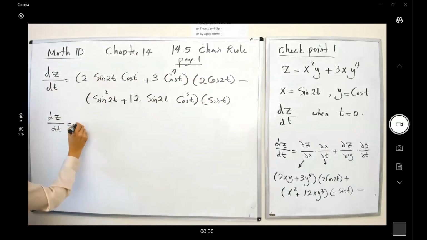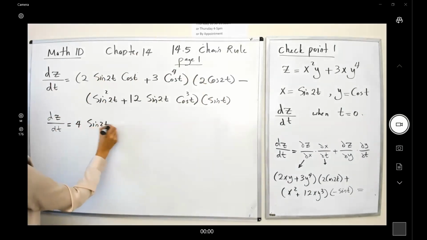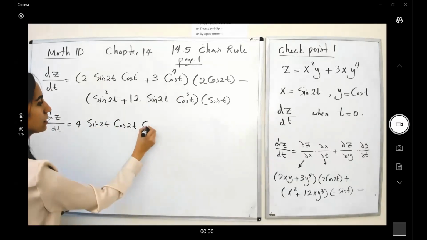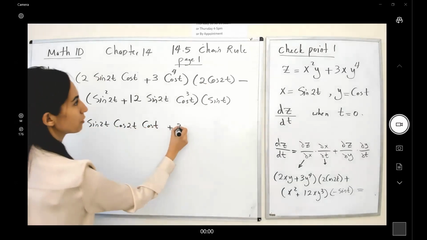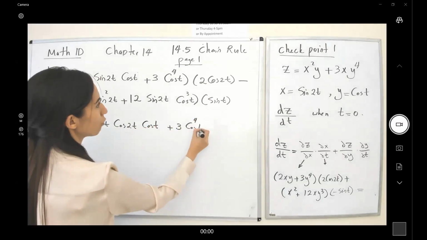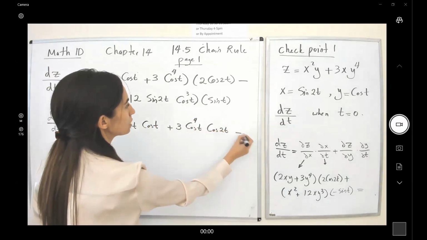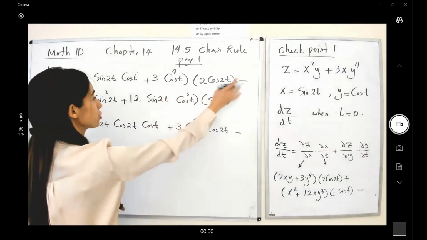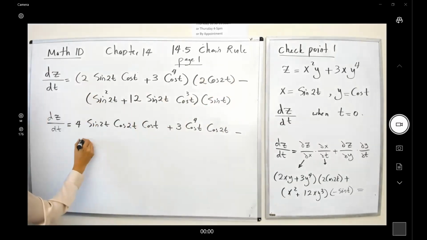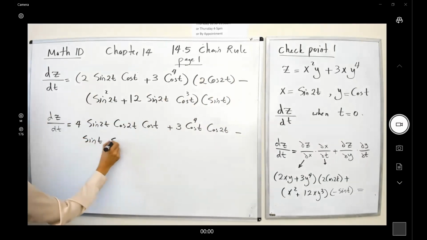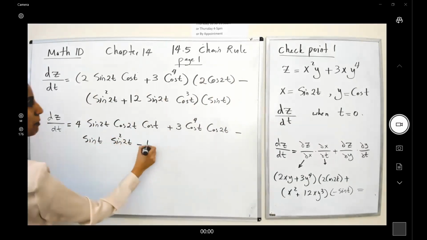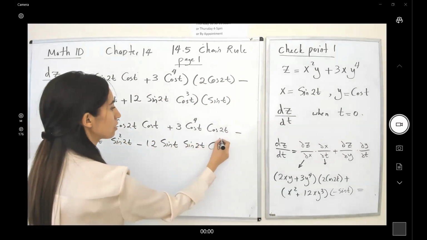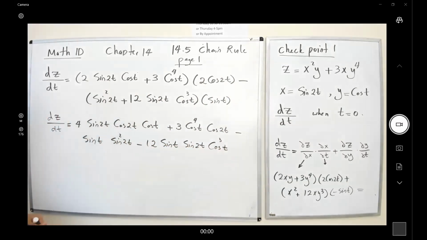You get 4 sine 2t cosine 2t cosine t plus 3 cosine to the 4th t cosine 2t, minus, let's distribute this into parentheses, and note that we have subtraction, so we have to change the sign as well, minus sine t sine squared 2t, minus 12 sine t sine 2t cosine to the third of t.